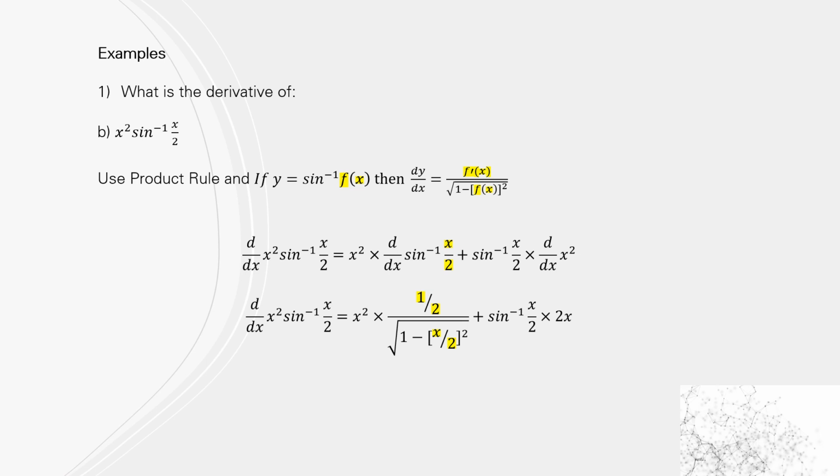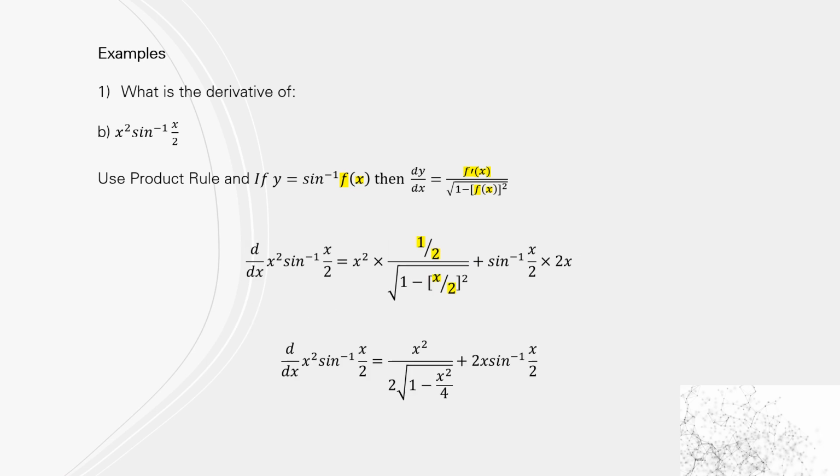With sine minus 1 of x over 2, the derivative of x over 2 is a half, that goes on the top, and 1 minus x over 2 all squared is on the bottom. So we end up with x squared on the top and 2 outside of the square root of 1 minus x squared over 4, plus 2x outside of sine minus 1 of x over 2.